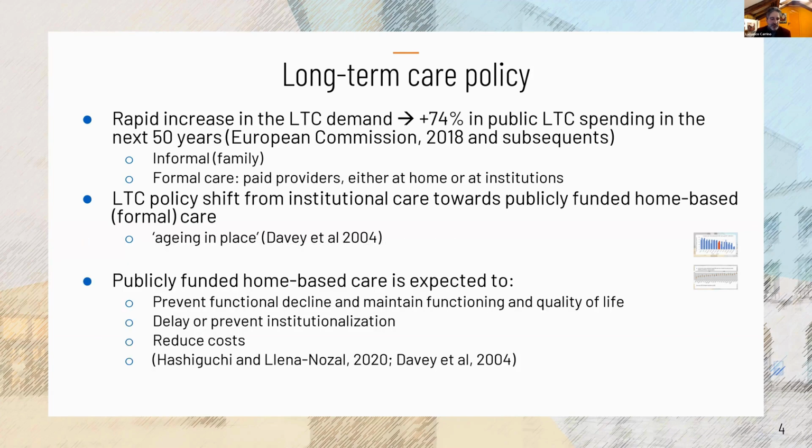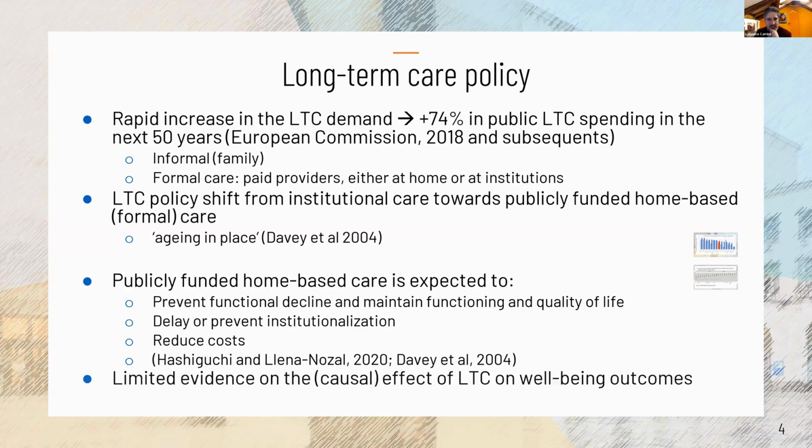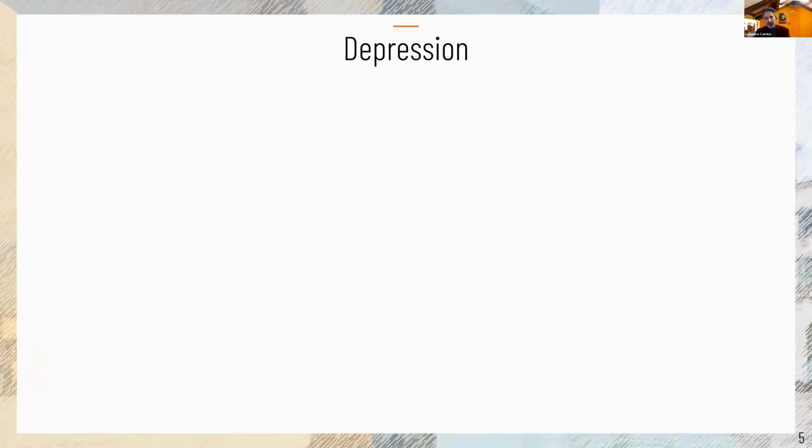And the rationale behind it is that home-based care, provided at the recipient's home, is expected to improve the outcomes of the person, improve the functioning and the quality of life, delay or prevent institutionalization, and reduce cost. These are the hypotheses, the aims, but there is limited evidence on this in the literature.